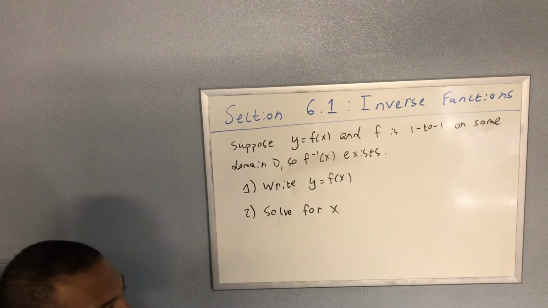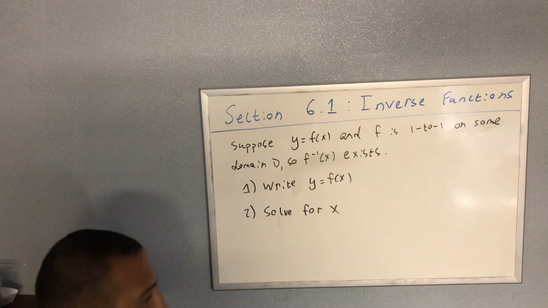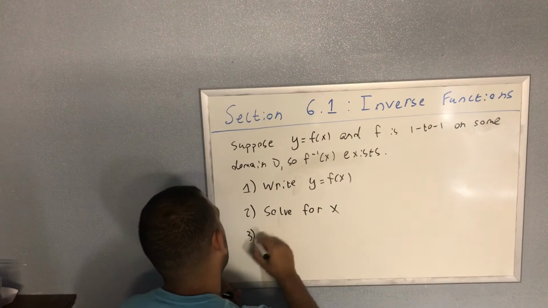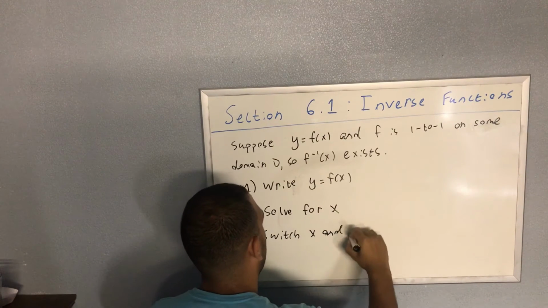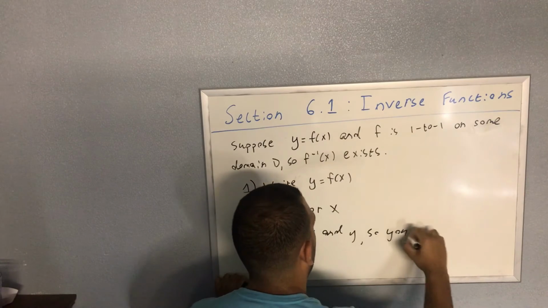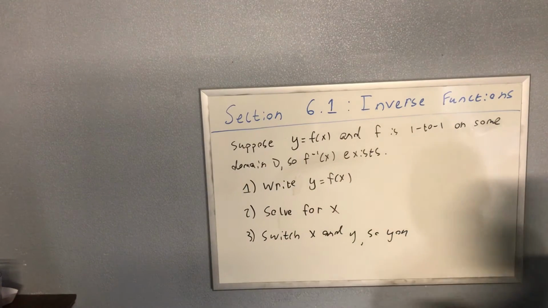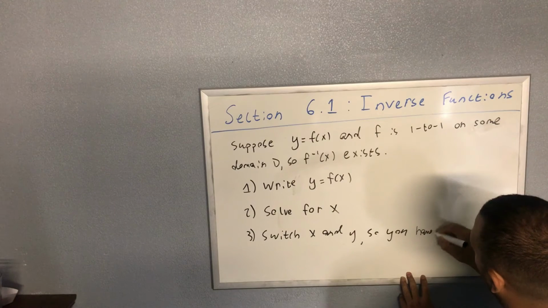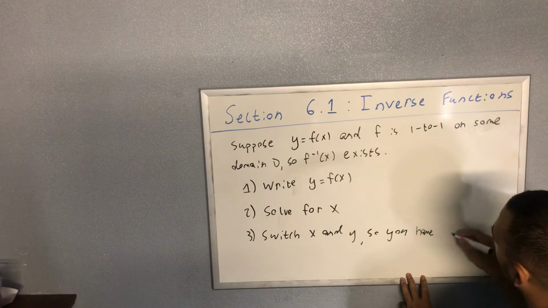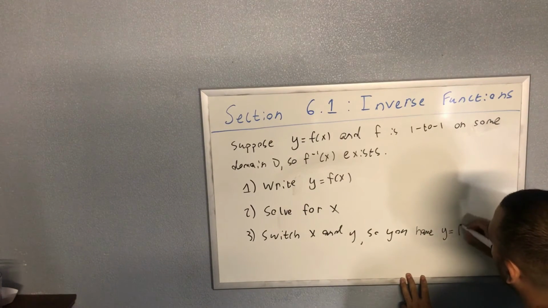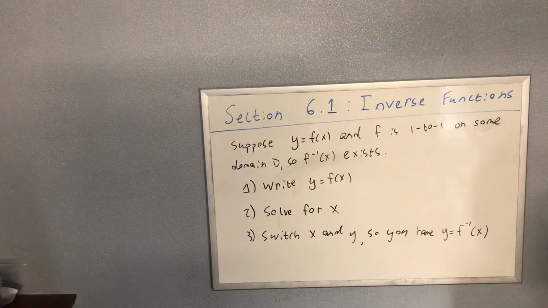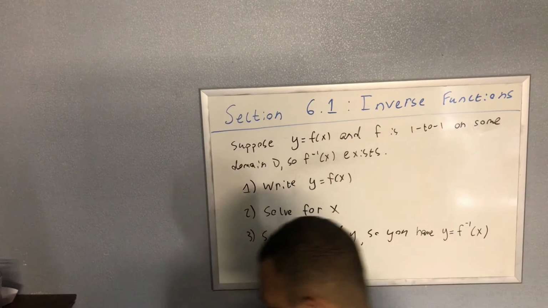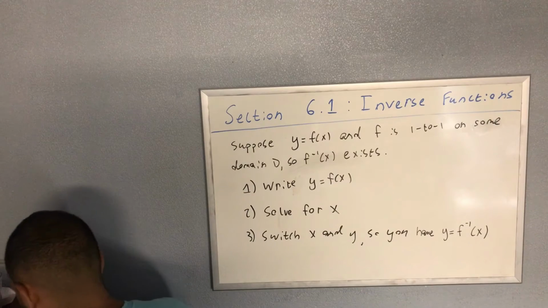So then you'd get something in the form x equals, and then last but not least, you would switch x and y. So you'd switch back at the end. So instead of now y equals f of x, you have y equals some other function, and that's the inverse function. So let's do an example because this may seem really weird.